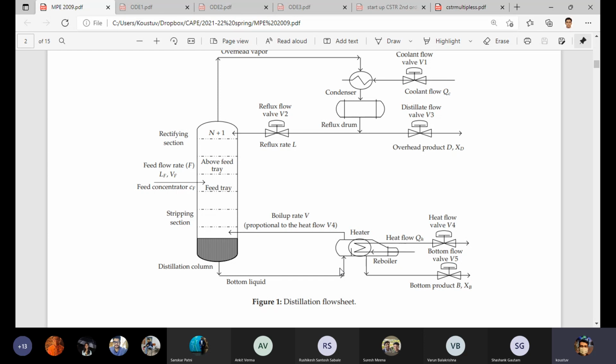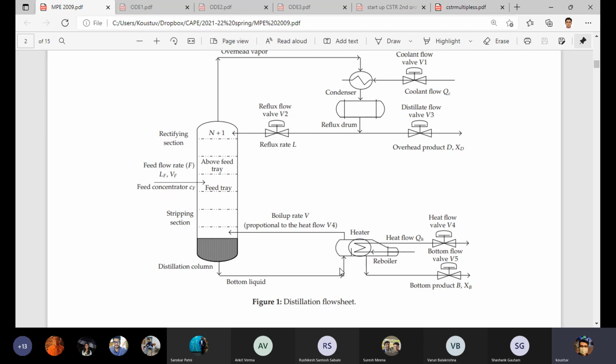Can anyone tell us what the source of the nonlinear term is? In the CSTR we understood that the reaction term is nonlinear because the rate is a function of temperature, with the exponential e to the minus E by RT term in the rate constant.